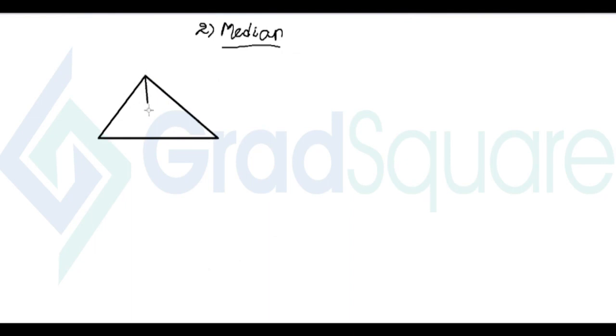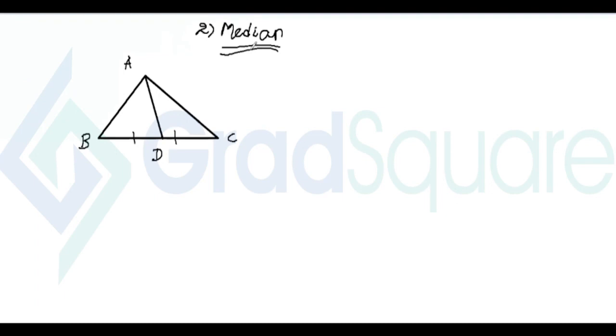So if I take this vertex and join it with the midpoint of the opposite side, and we call this triangle ABC, then AD will be the median of triangle ABC. The first thing to remember about medians is that a median will divide a triangle's area into two equal halves. So triangle ABD's area and triangle ADC's area will be equal, and each of these triangles' area will be half of the area of triangle ABC.